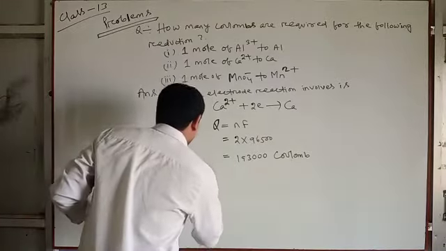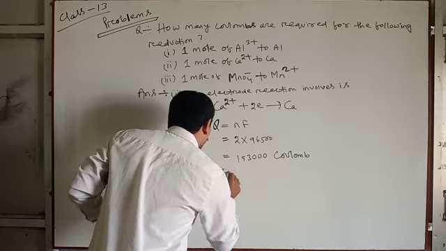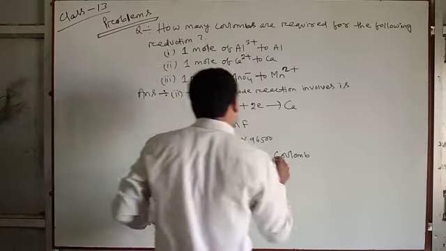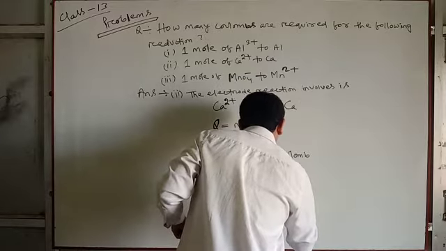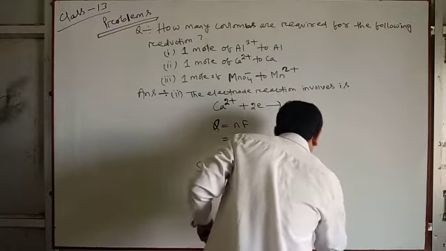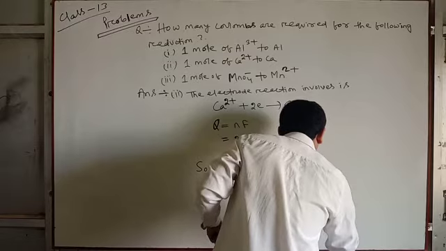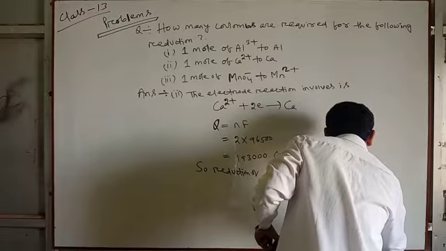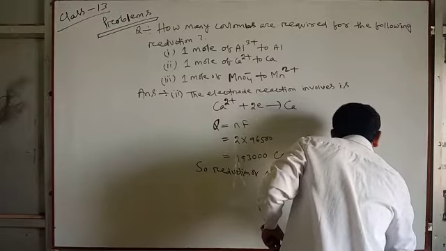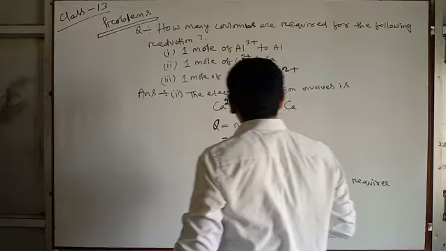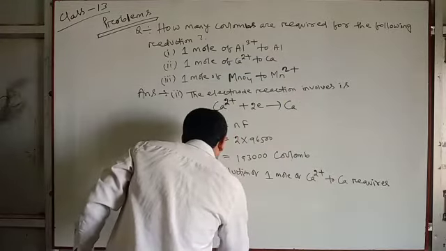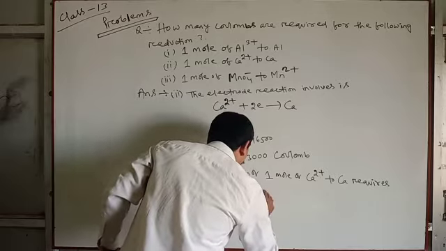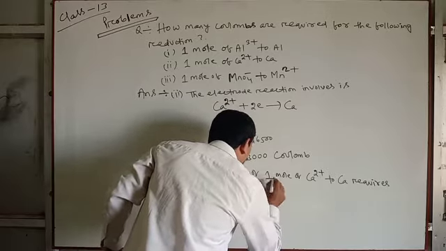Reduction of 1 mole of Ca2+ to Ca requires 19300 coulomb.